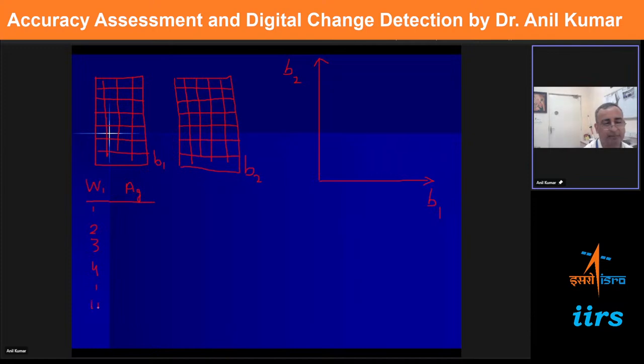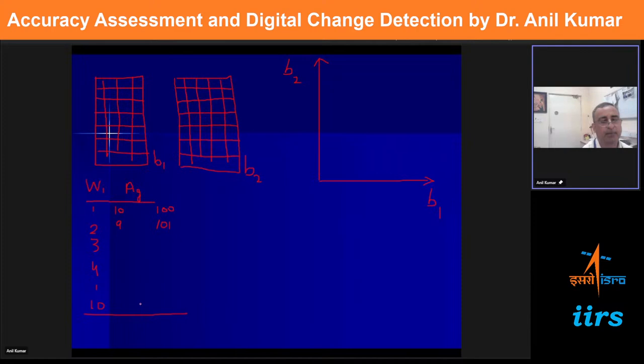Suppose we take 10 samples, and the value from band 1 is, suppose, 10. For band 2, suppose it is 100. In the second sample, the value may come 9 in band 1 and in band 2, suppose 100.01. Like this, the values may be coming up, just for example.